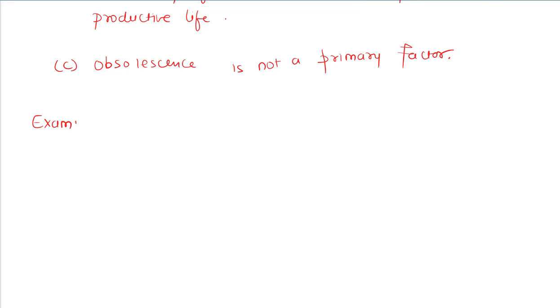Write an example in relation to this. Cost of acquiring a mine equals rupee 1 lakh.